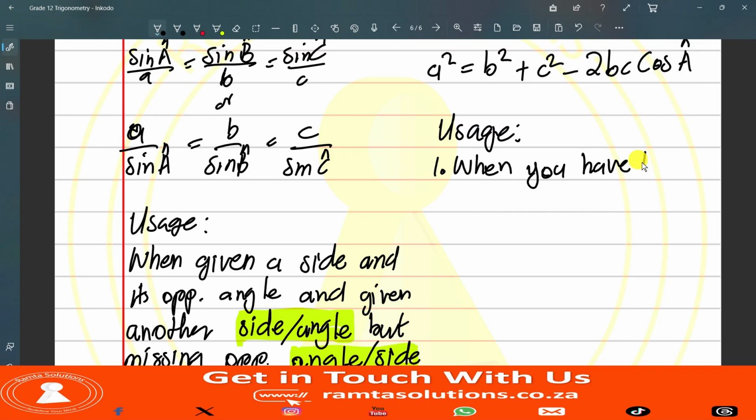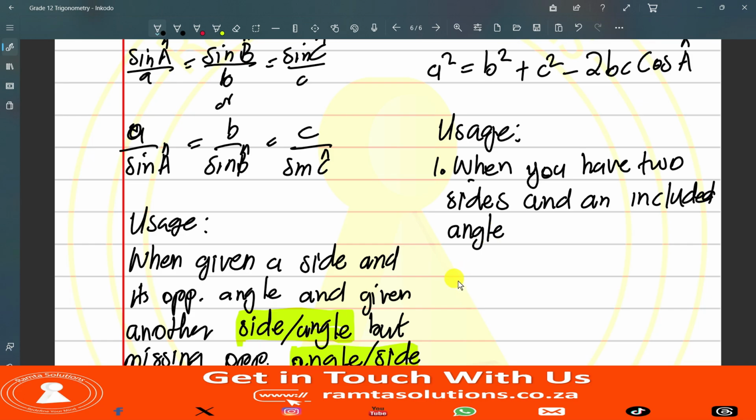Here you're going to calculate the side opposite the given angle. An included angle means the angle given is not opposite any of the two sides.